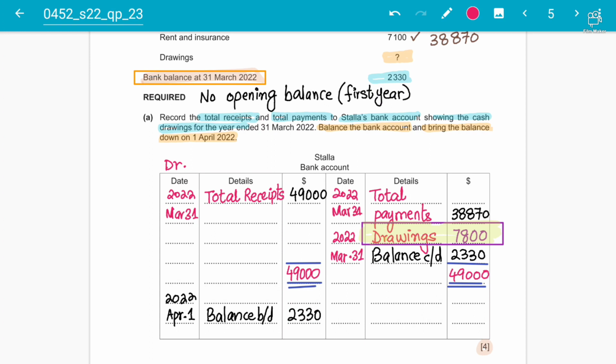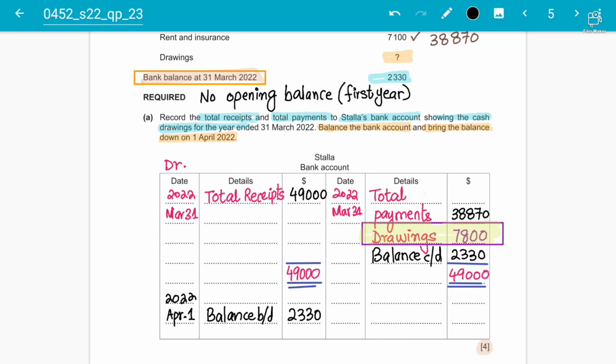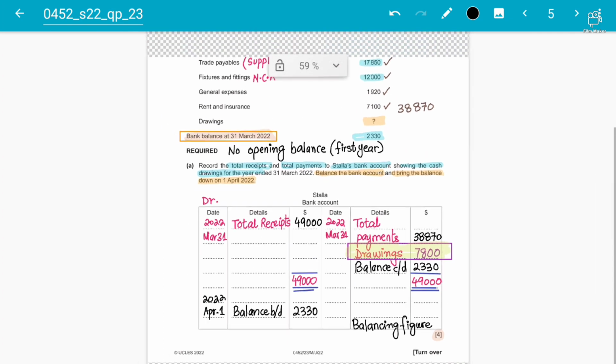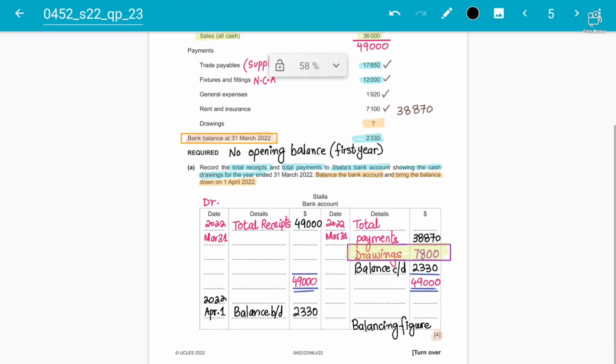This is our first part done students, in which we have to make a bank account in order to get the drawings, that will be called our balancing figure. Hope everyone gets it. The drawings is the balancing figure here. And that's how you do an incomplete record question in the normal case. So our first part is done. Hope everyone has got part A, how you make the bank account.